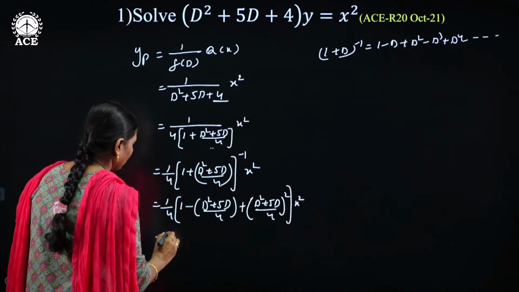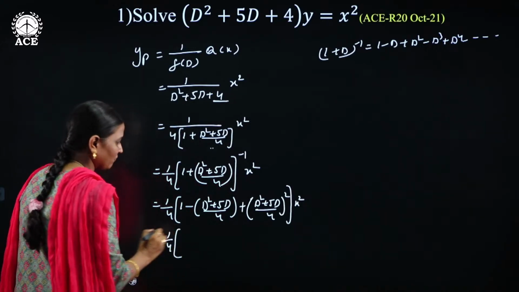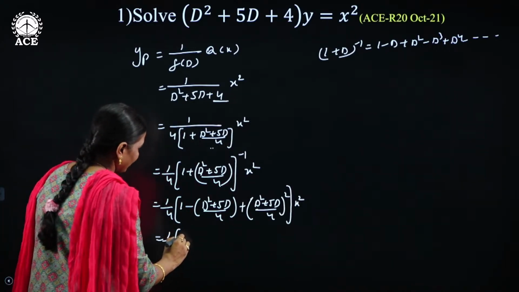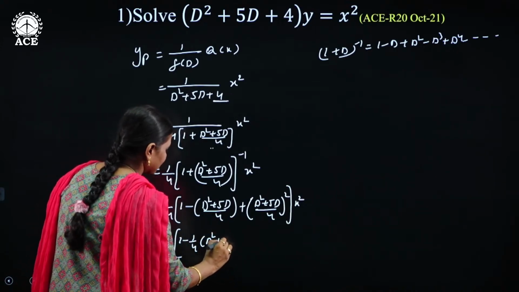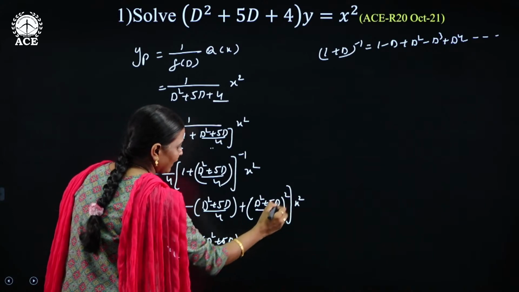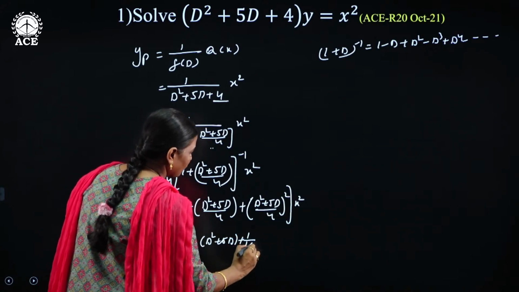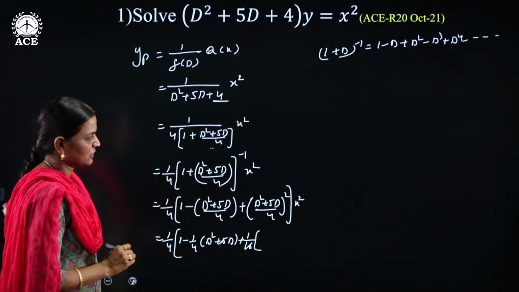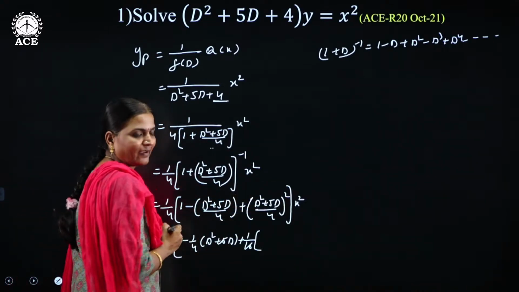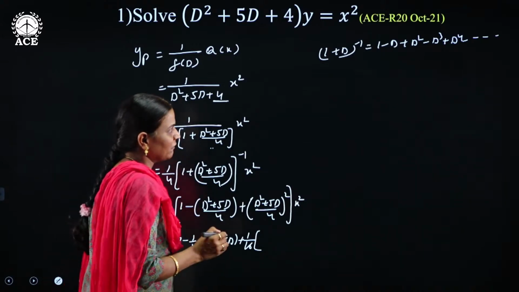So which is equal to 1 by 4 into, first simplify the inside terms. So 1 minus 1 by 4 into D square plus 5D plus 1 by 4 whole square, that is equal to 1 by 16. If we expand D square plus 5D whole square, D square whole square is D power 4.